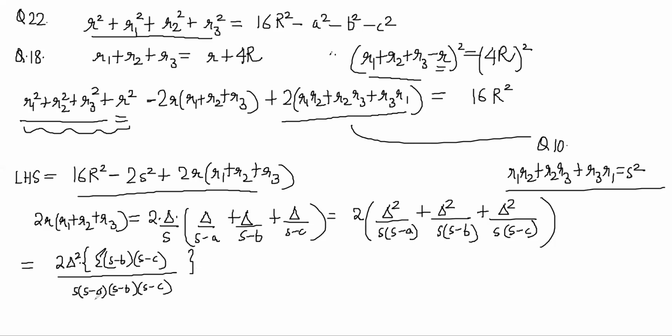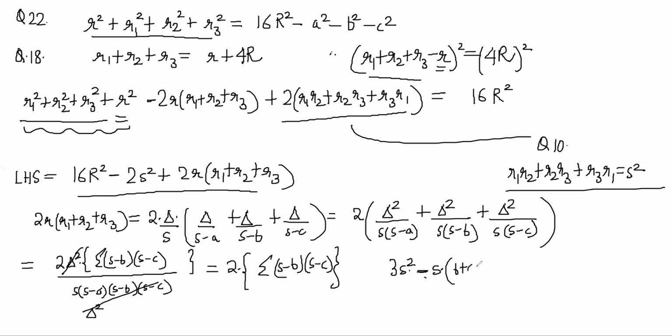By the way, the denominator is equal to del square, so this cancels. So this is 2 times the summation of (s minus b)(s minus c). From here you will get 3s square, since s square comes from each of the terms, minus s into (b plus c plus c plus a plus a plus b), plus bc plus ca plus ab, right?